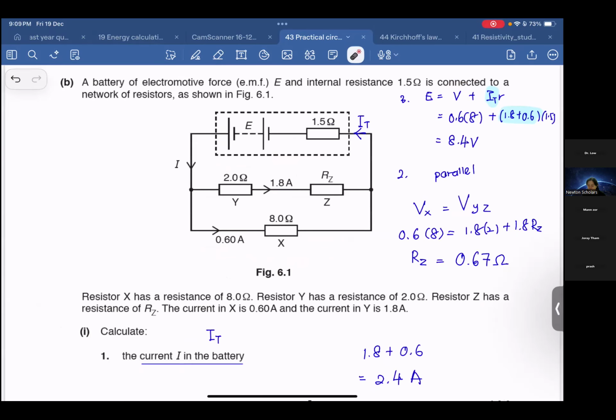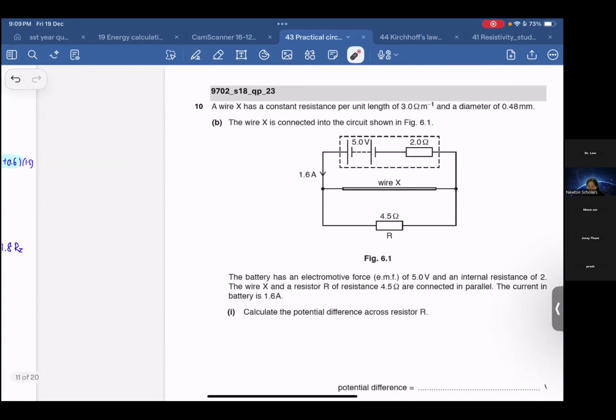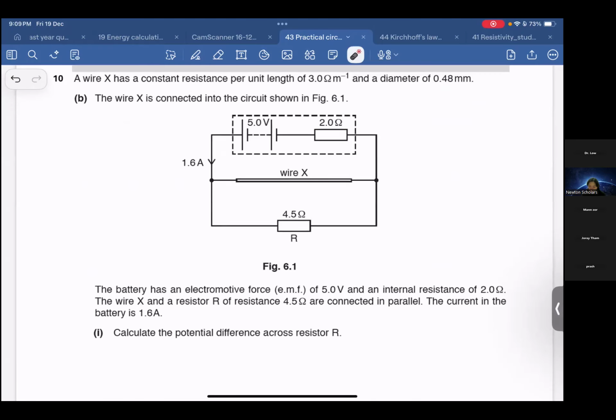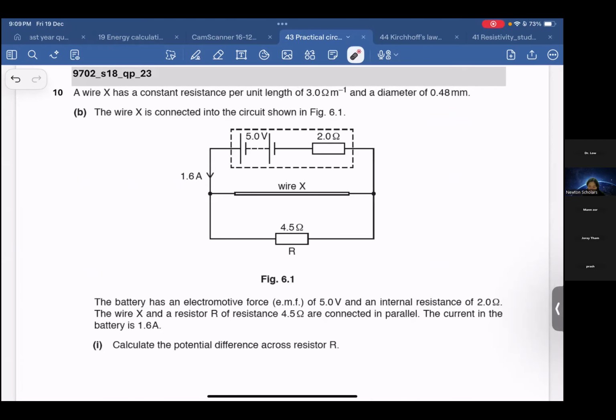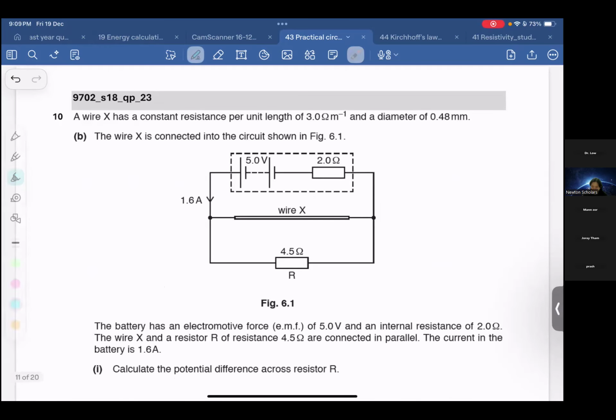This question is similar to the one we did just now, we did this question before. Okay, we go to your question number 10. A wire X has a constant resistance per unit length. So this one is resistance per unit length, 3.0 ohm meter negative 1.